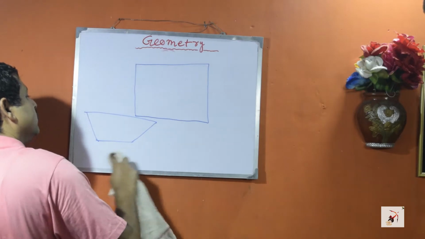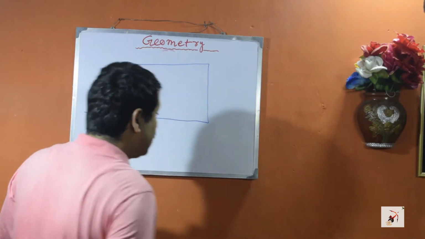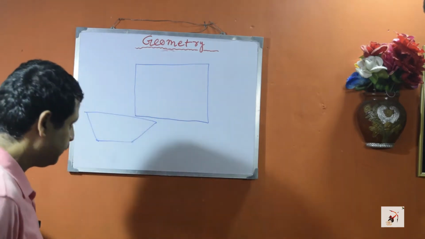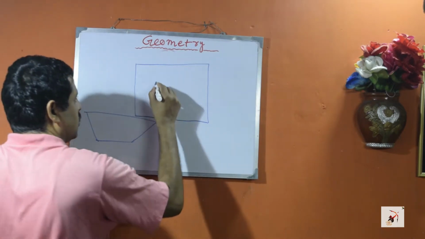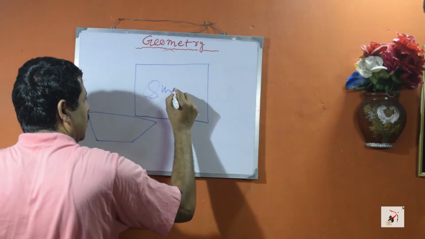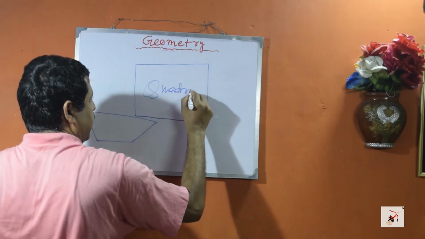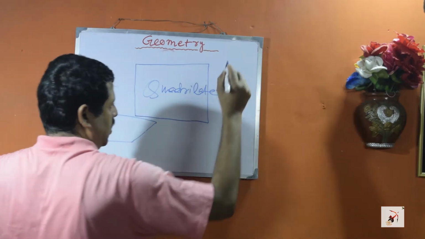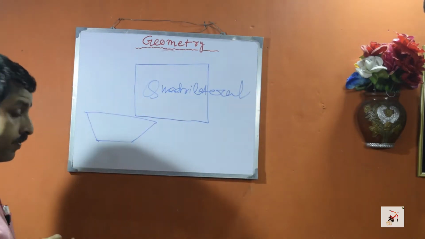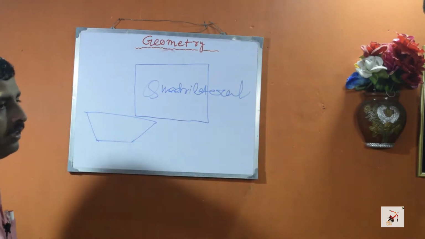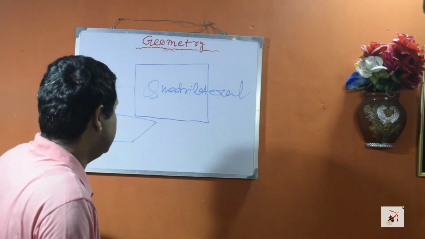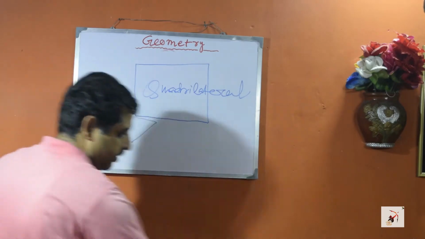So here are four line segments enclosing an area, and the line segments are connected to one another. This is a quadrilateral. There are various types of quadrilaterals like rectangle, square, parallelogram, rhombus, etc.